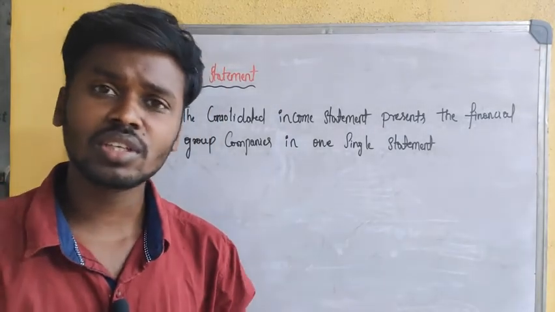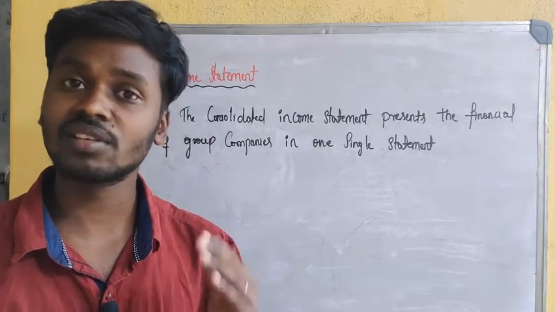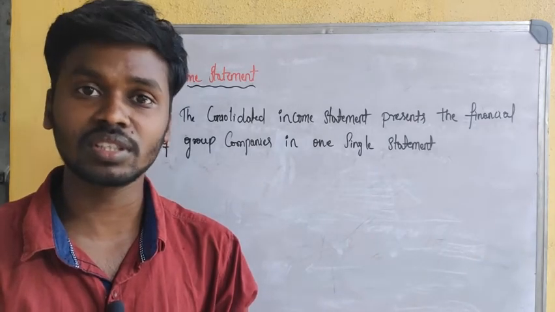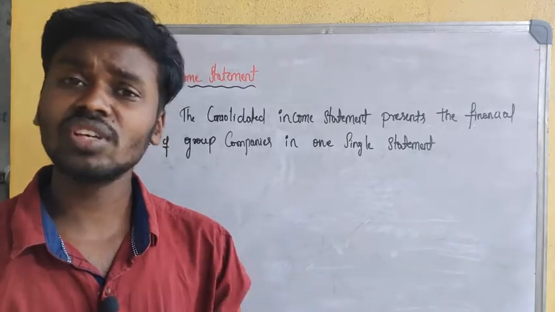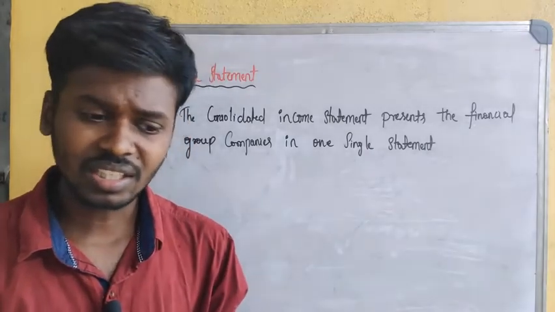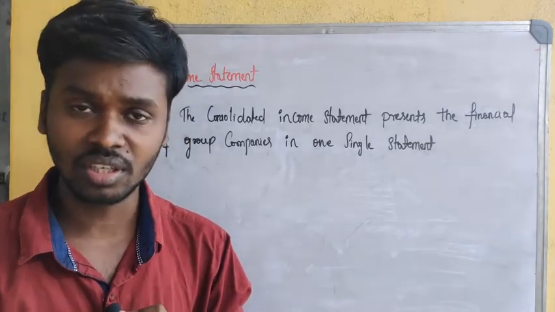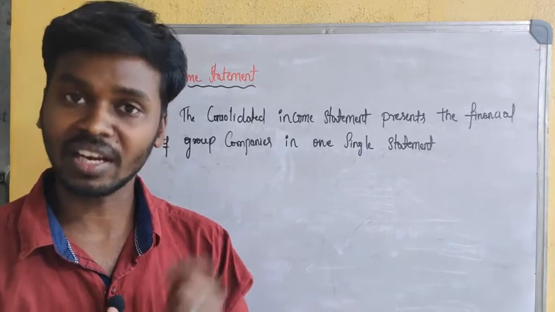So in previous sessions we have already discussed various concepts and illustrations on preparation of the consolidated financial statement. You know very well that each and every business organization must record every transaction to know the financial position and the net profit or net loss.